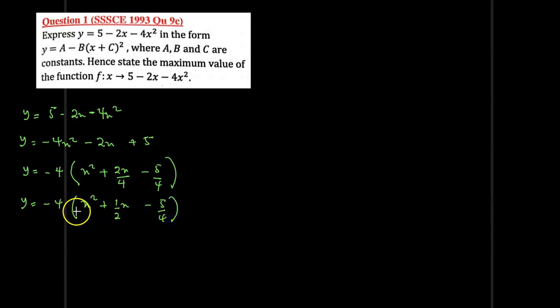So going further, making x squared plus half x a perfect square, this is where you apply taking the coefficient of x, halving it, squaring that value, and adding and subtracting it to the expression. So you are going to have it as y equal to minus 4 into bracket x squared plus half x.